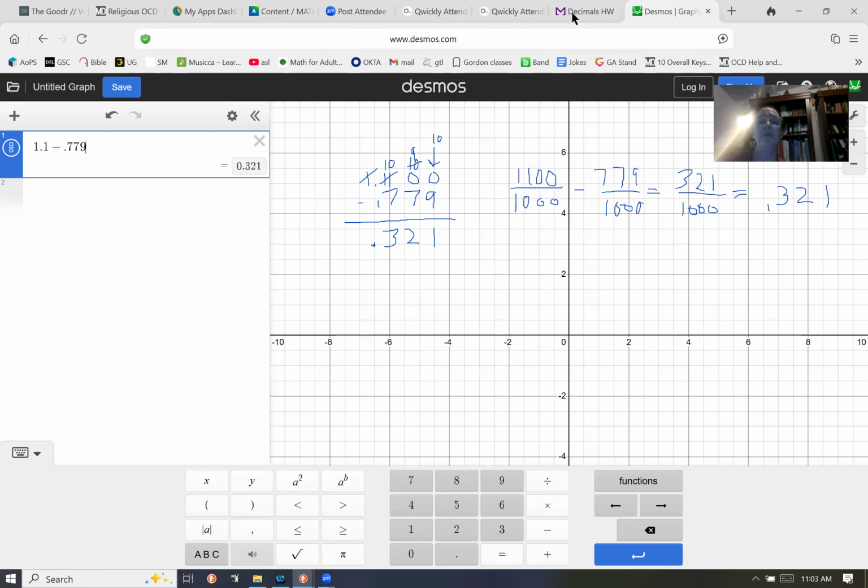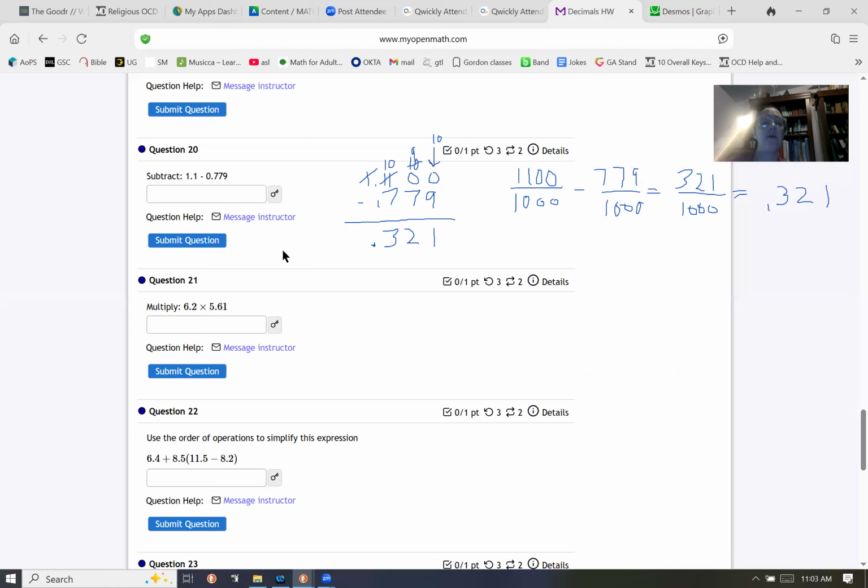Okay, so let's go back, verify that we got that one. All right, now we have a multiplication here. The shortcut for multiplication is really slick. I like it. So let me just write these numbers in terms of their fractions first.